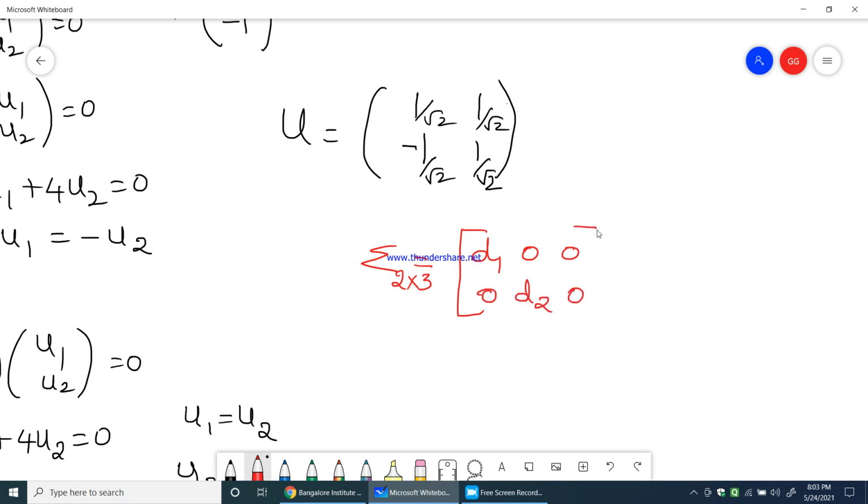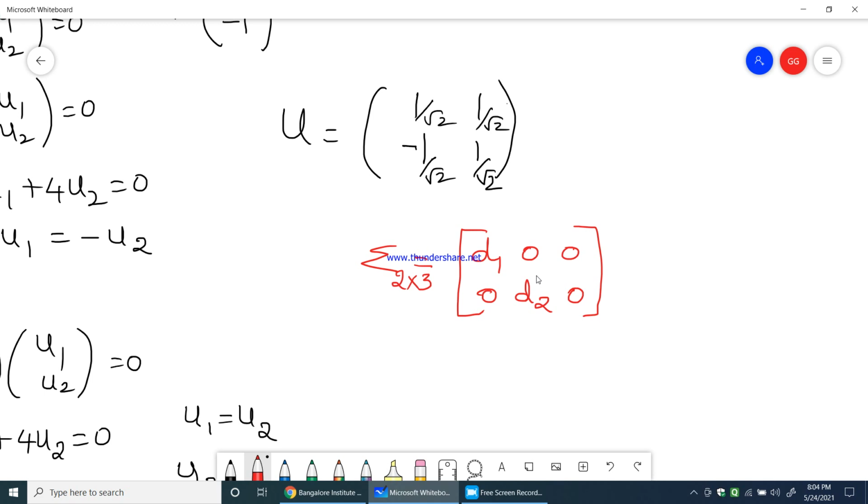So what are d1 and d2? They are the common eigenvalues that you get for both the u vector and the v transpose vector. While finding the v vector you got 0, 1 and 9. While finding the u vector you got 1 and 9.